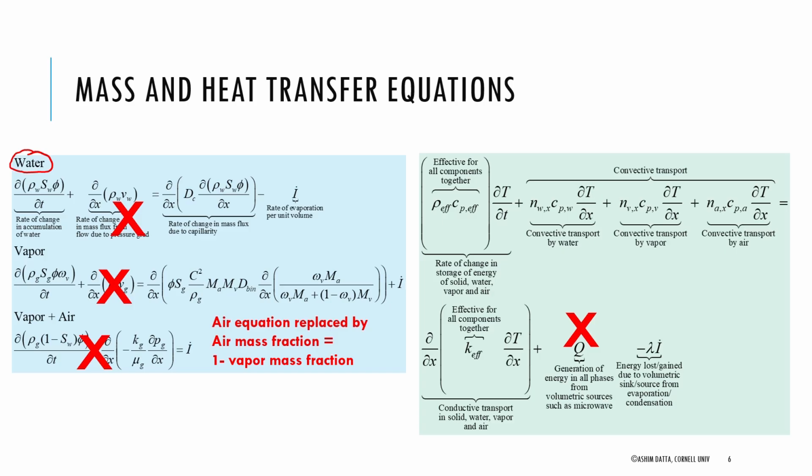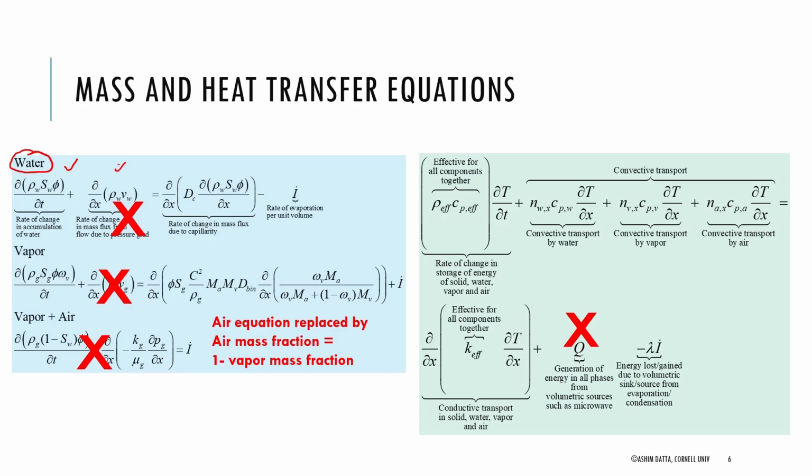So let's say for water then, we have a transient term, and then the flow, because we included capillarity as part of diffusion, and we said that the pressures are not very high, so the pressure driven flow is not important.